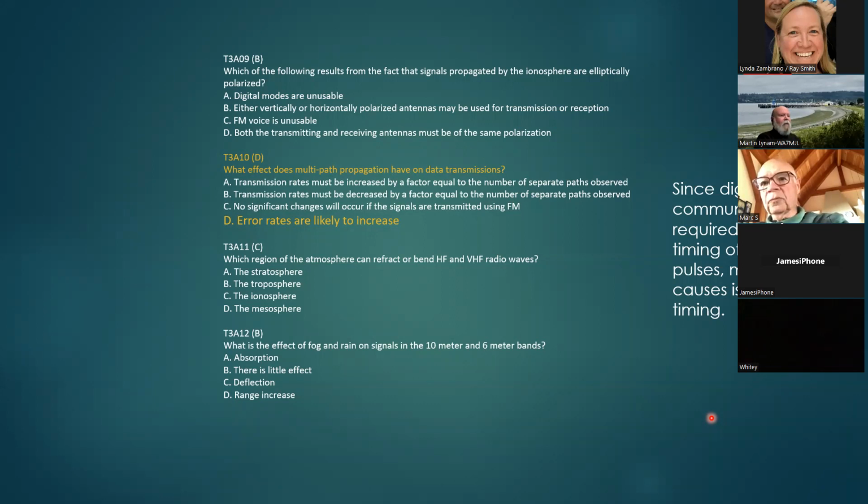And since a successful digital transmission requires really good timing between those pulses, that will cause a real issue with your transmission, and the error rates are likely to increase.